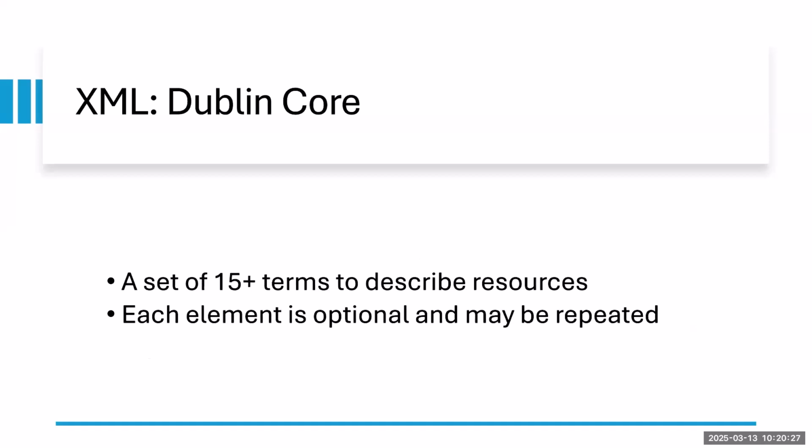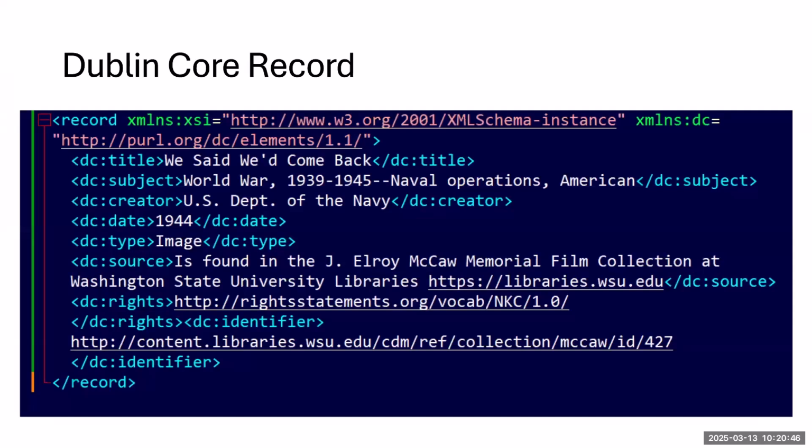One particular type of XML that we use a lot is Dublin Core. One of the things that's very different, other than it being XML, is that at least in Dublin Core, the standard one, you just have 15 terms to use to describe resources, and each element is optional and can be repeated.